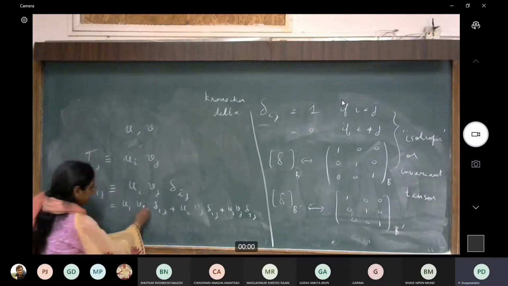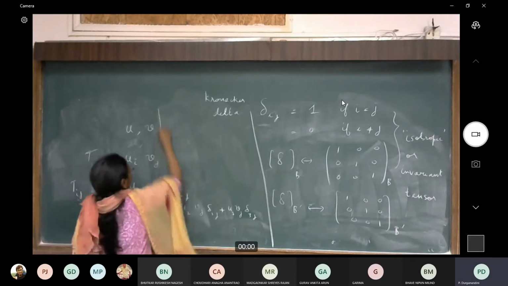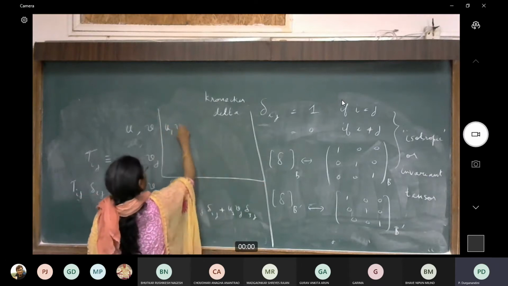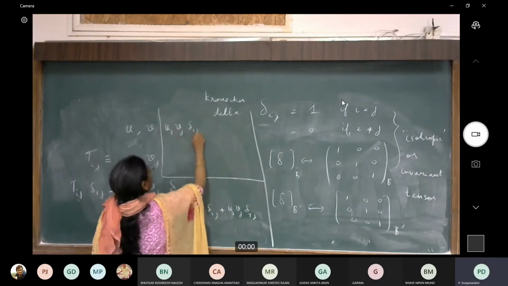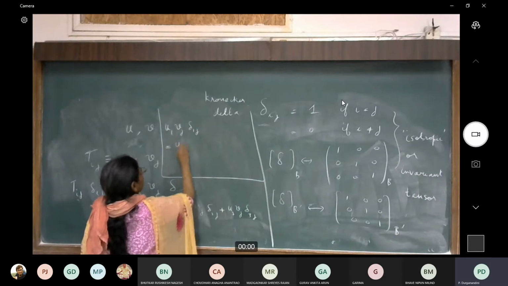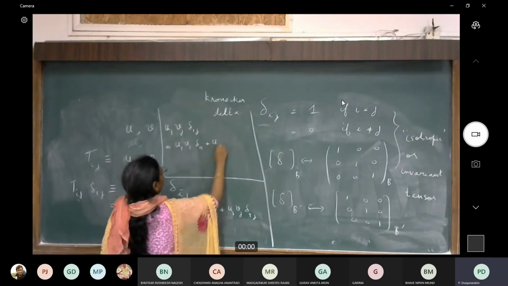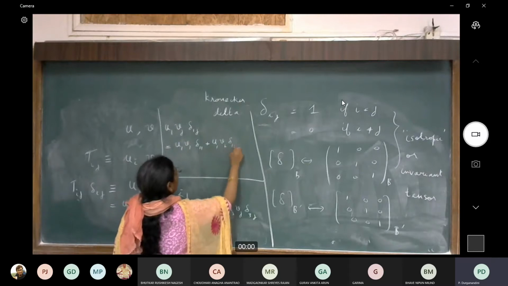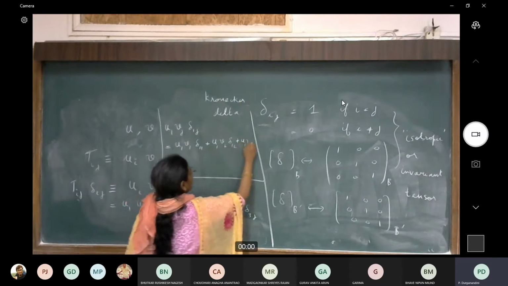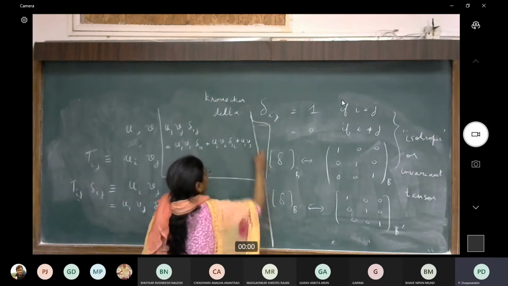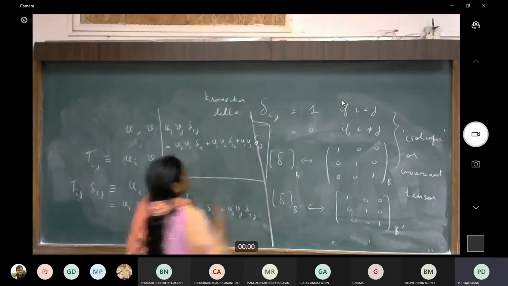The reason I'm doing this so elaborately is because we use such expressions very often. So I have u1 vj delta 1j. By definition, this is u1 v1 delta 11 plus u1 v2 delta 12 plus u1 v3 delta 13. Agreed?